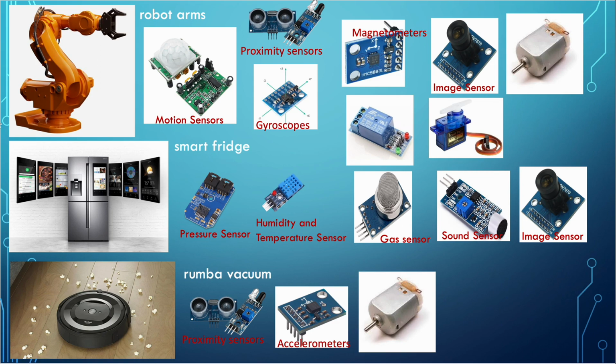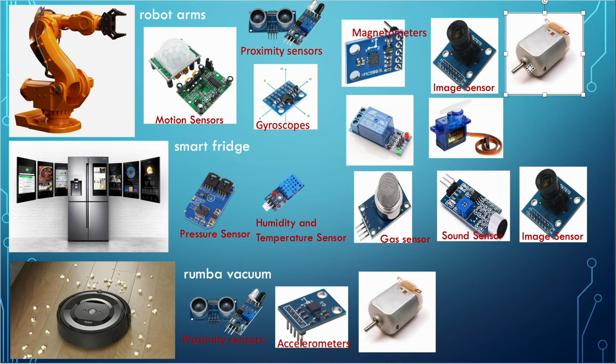The heavier the machinery, the more power it needs to lift things, to weld, paint, move, and so forth. These robot arms are needed. So that means you will definitely have a relay to control the power. You will have servo motors, and you will have motors, right, moving the arm up and down, side to side.